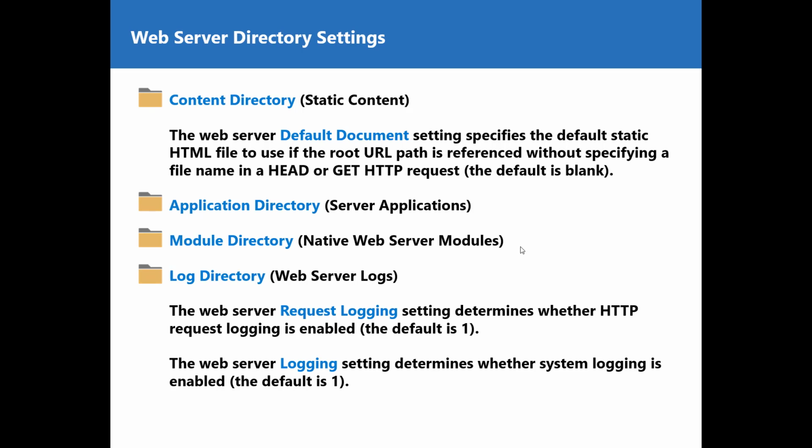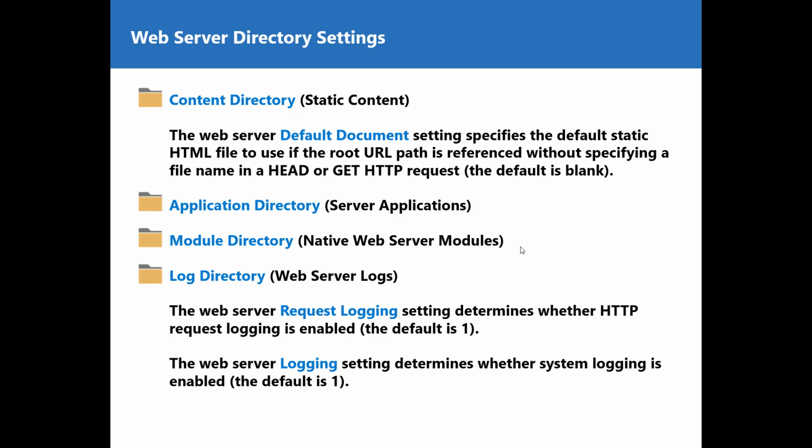The default is blank, but say, for example, you're referring to localhost as the domain, and you don't specify a home.html or an index.html file or something like that, this document setting here is what will be served up. And of course, that file does have to actually exist in the content directory, otherwise it will not be able to be served up.